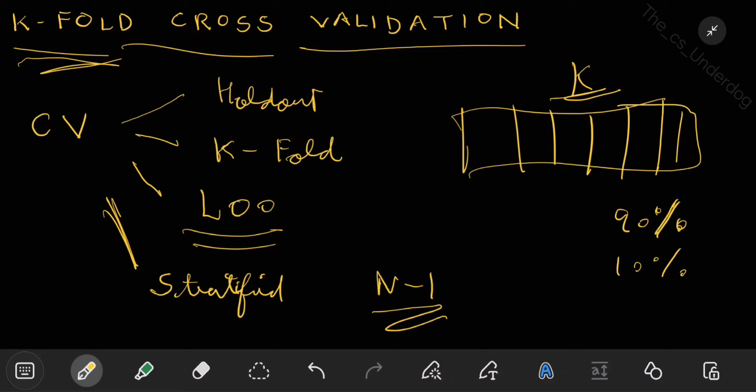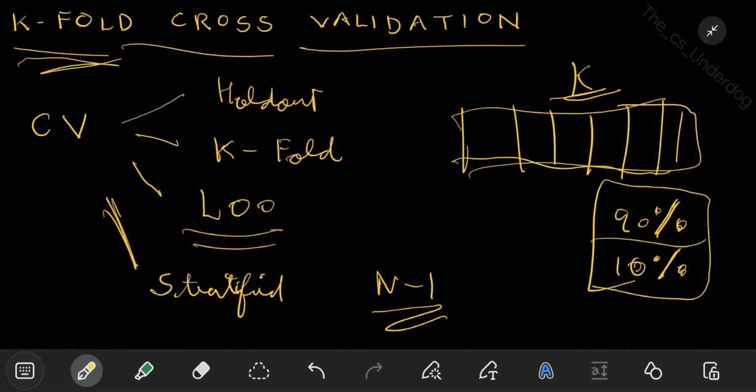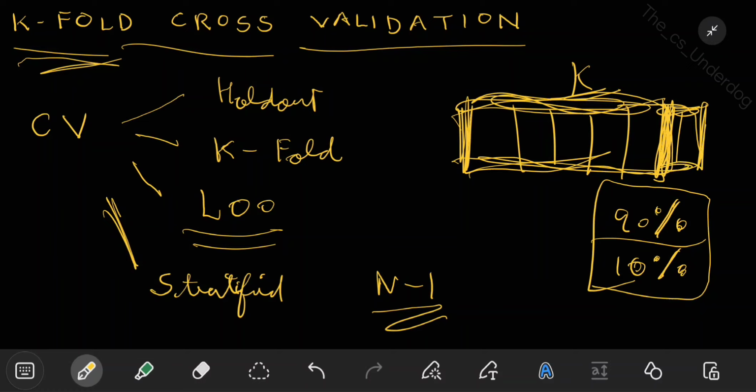That is, first class 90%, second class 10%. What happens if 90% is concentrated over here? That is, this much of your data is all of one class and the last this much is of a different class. In that case, when you divide it into k different parts, the first many parts will only have data of one class. Then the last part will have data only of the other class.